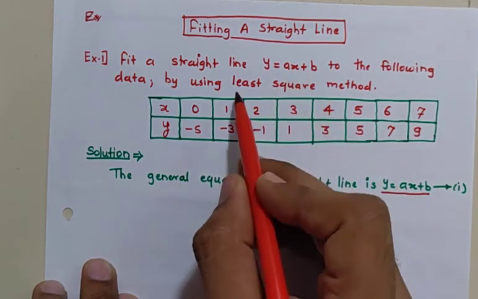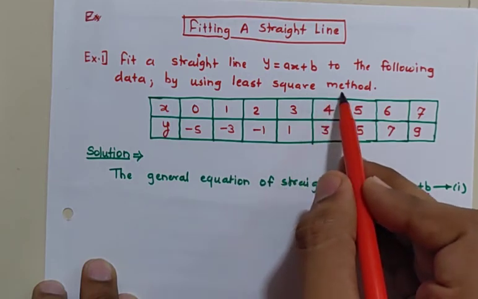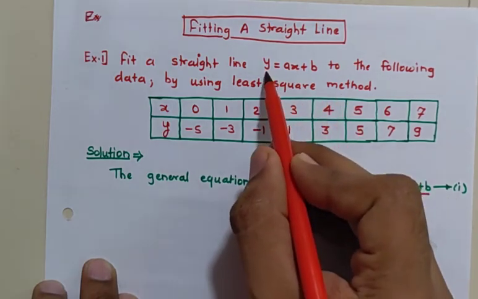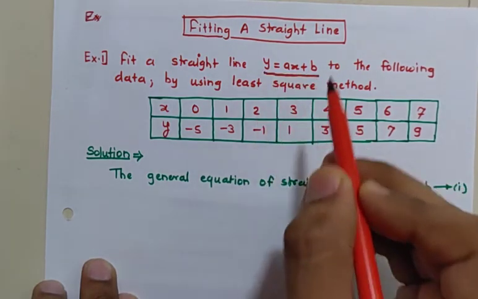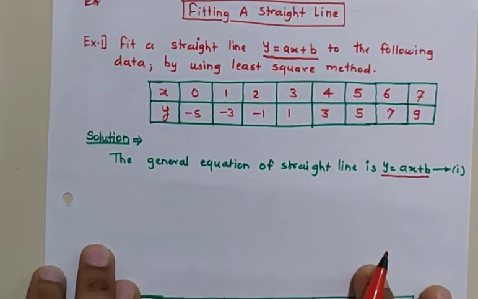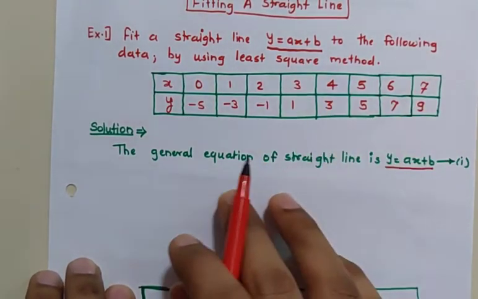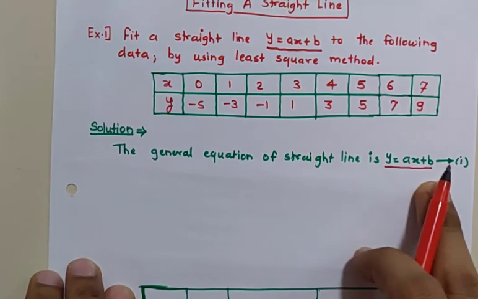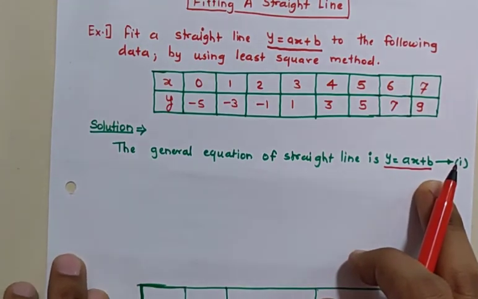And for that we are going to use the least square method, and the basic equation for a straight line is y is equal to ax plus b. Now let's see the solution for this. The general equation for a straight line is y is equal to ax plus b.